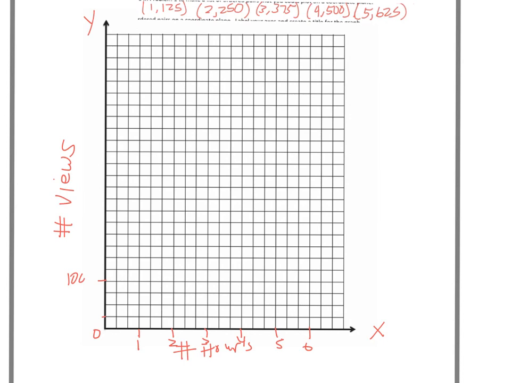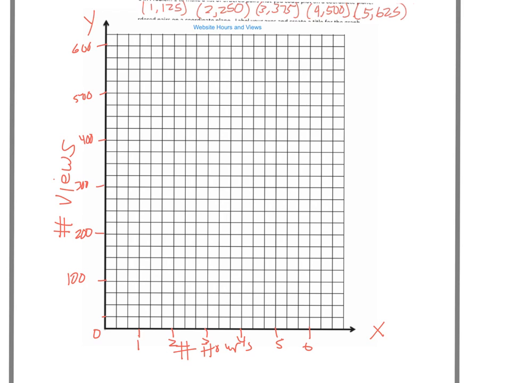There's 100. There's 200. There's 300. There's 400. There's 500. And there's 600. I know that's the highest I need to go. The only other thing is my title before I start going through this, and it's just going to be website hours and views. And there's my title up top there.